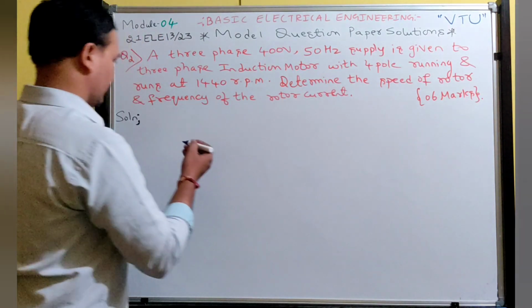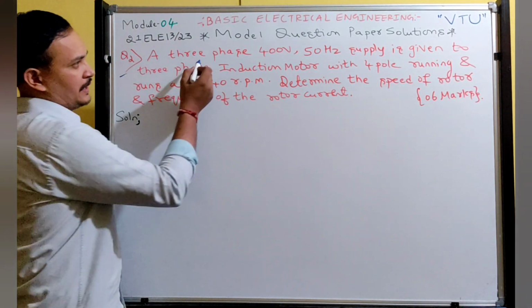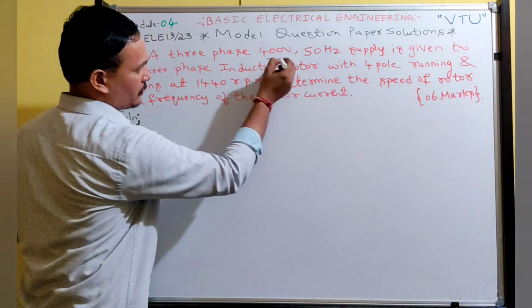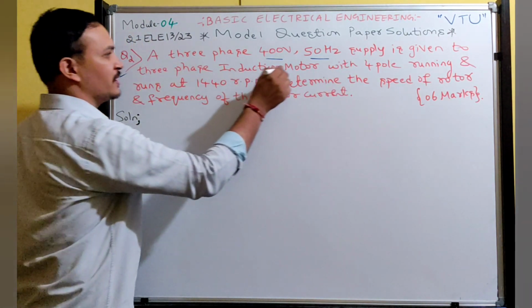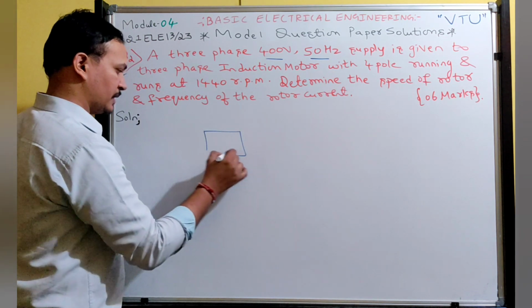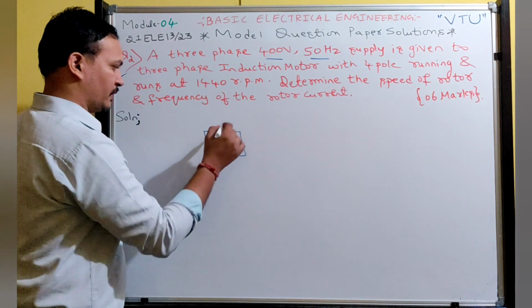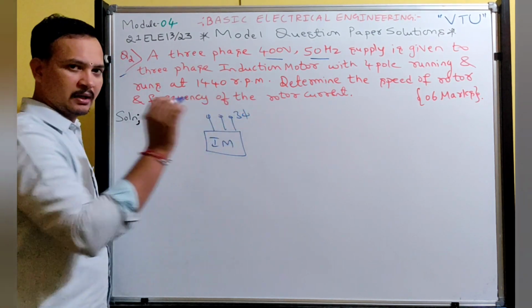Okay friends, now we can look into the second problem. See, a 3-phase 400 volt 50 Hz supply is given to a 3-phase induction motor. So this is an induction motor. For this induction motor, 3-phase supply is given.